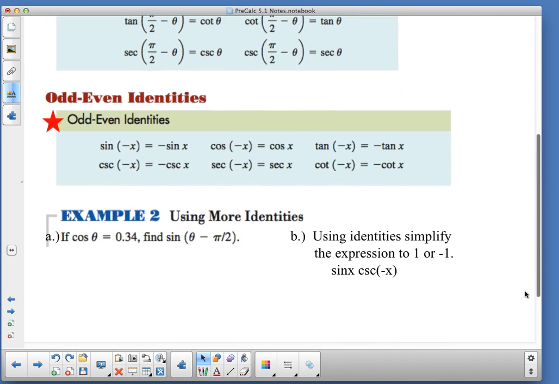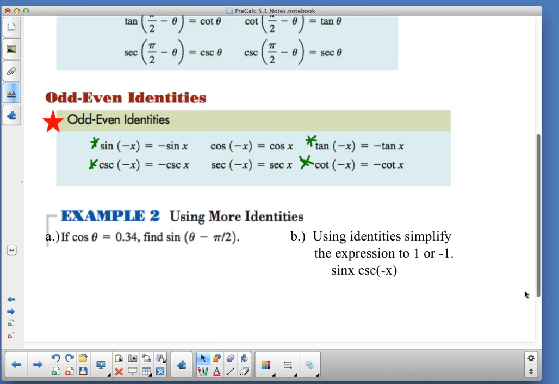And again, sine is still odd, so therefore cosecant's odd. Tangent's odd because it has sine in it. Cotangent's odd because it has sine in it. And the cosines are even because they don't have a sine, okay, and the secant has a cosine, so that's even as well.